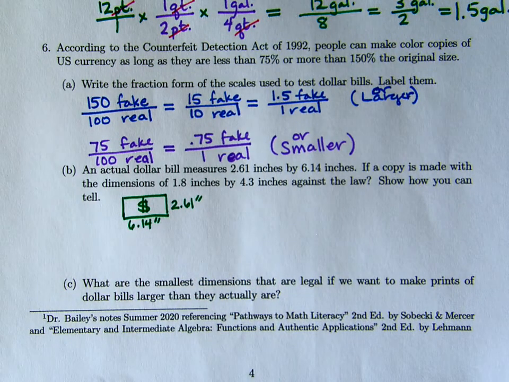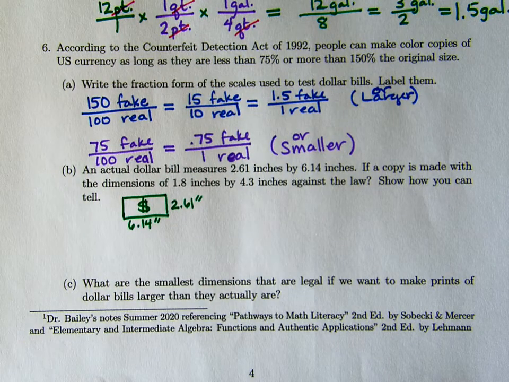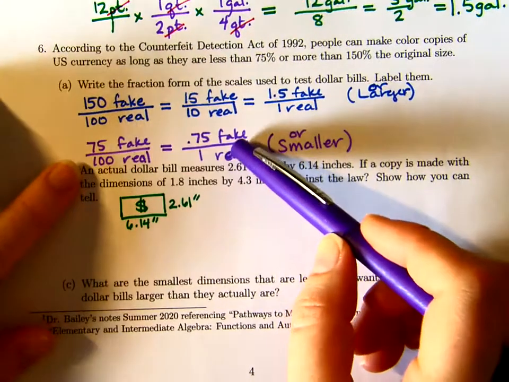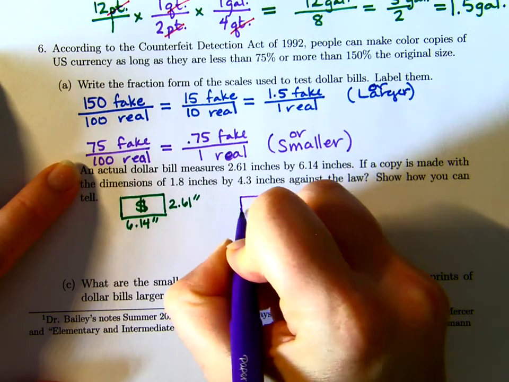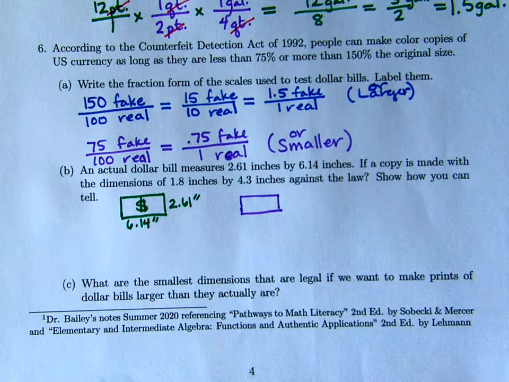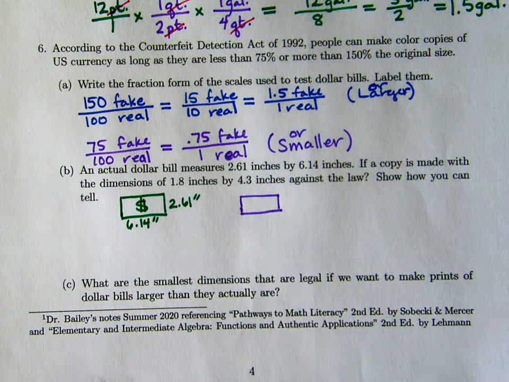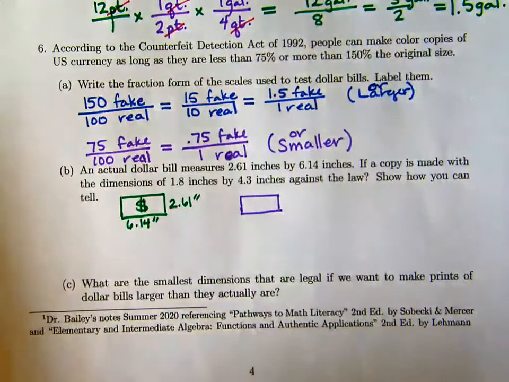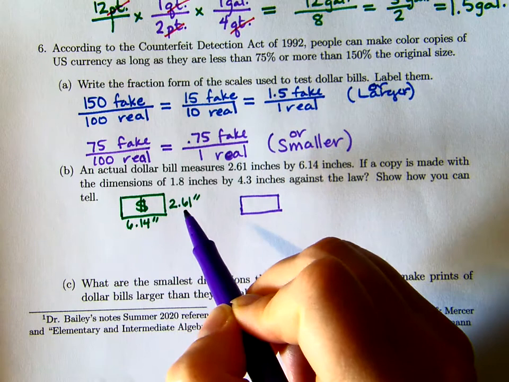And okay, so they're shrinking it down. And I'm going to go ahead and shrink it down using this ratio. Okay, so here's my new one. It's a little bit of a shrink of the other one. And I'm going to go ahead and take 75% of these dimensions right off the bat.